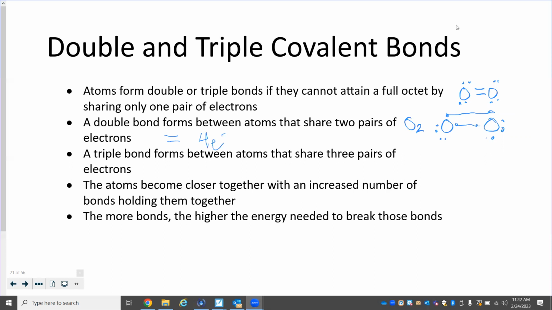If they still do not have a full octet, a triple bond can form. Triple bonds form between atoms that share 3 pairs of electrons. Each bond is 2 electrons, so we'll share a total of 6 electrons. If we look at nitrogen, each nitrogen has 5 valence electrons.